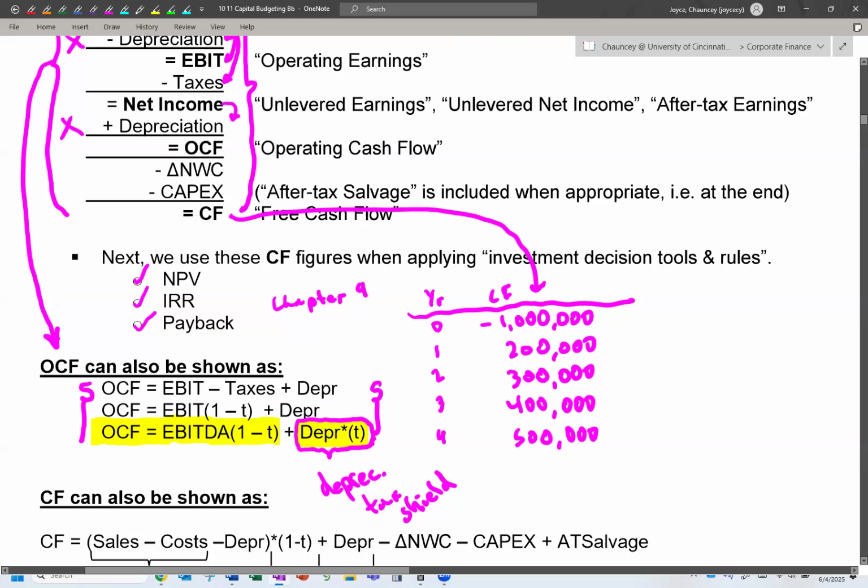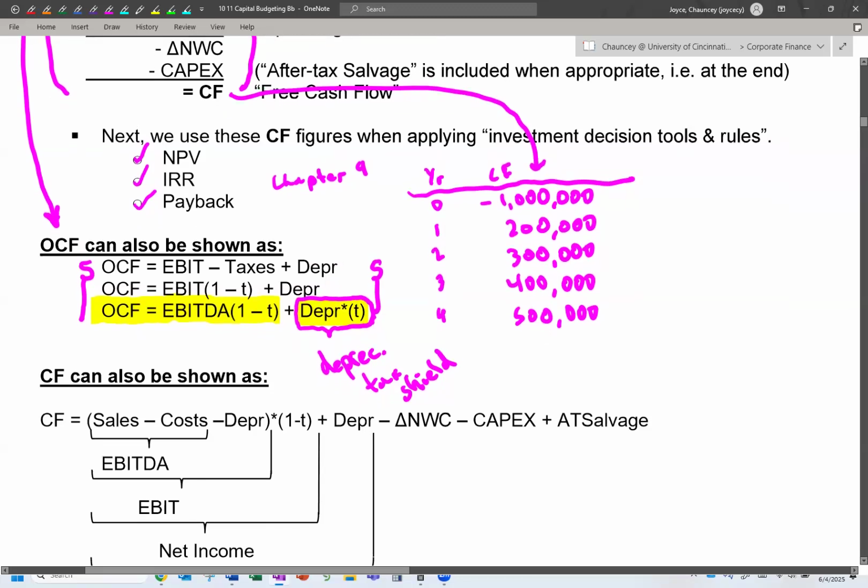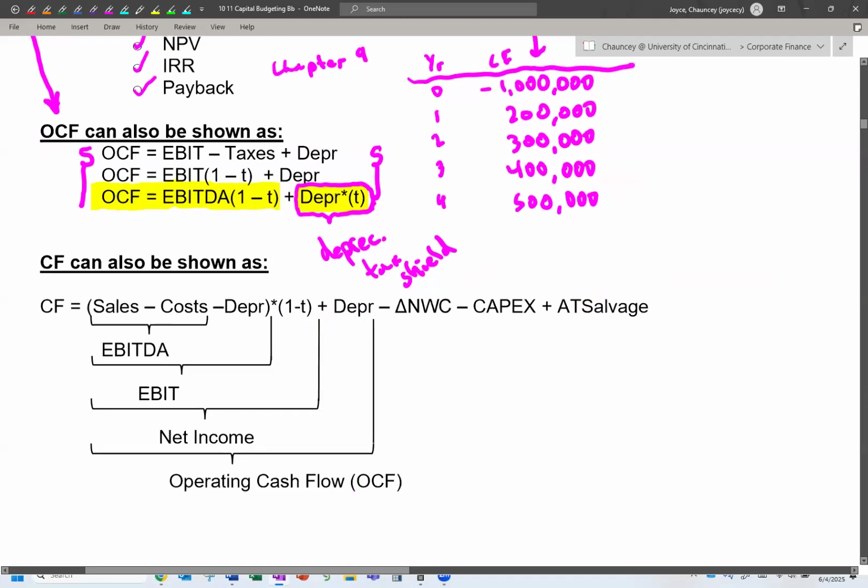So if the vertical approach there does not resonate well with you, I've also shown you that cash flow can be broken down this way. You have sales less costs, gives you your EBITDA. When you deduct depreciation, you have EBIT. When you take the after-tax value of that, that's just multiplying that figure by the factor 1 less T for tax rate.